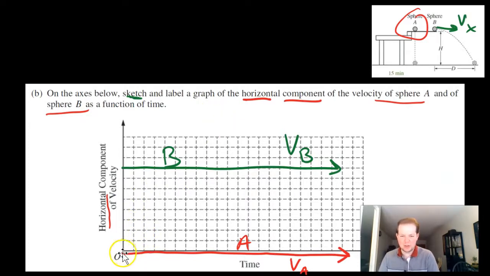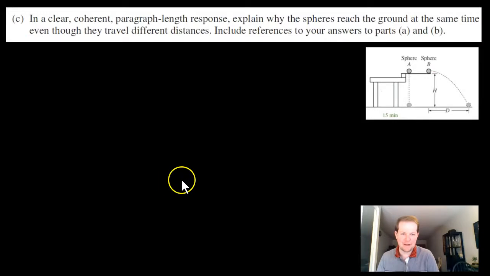So I don't think I have to do anything like start B down here and make it like jump up or something. Maybe they take a point off, or maybe they'd accept it. I don't know. But this is certainly the general sketch of the graph. It has a constant velocity. I should be getting some points for showing that the ball B has some constant horizontal velocity. Okay, maybe I'll think about it if I have more time later.